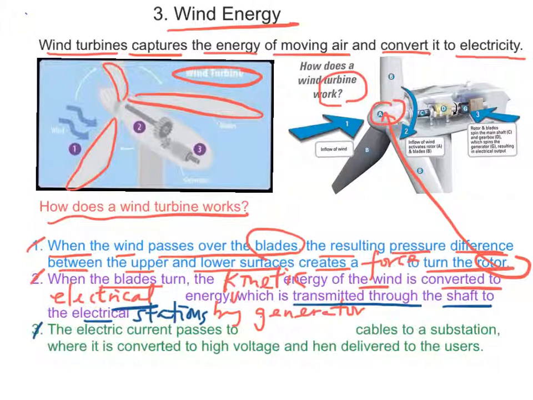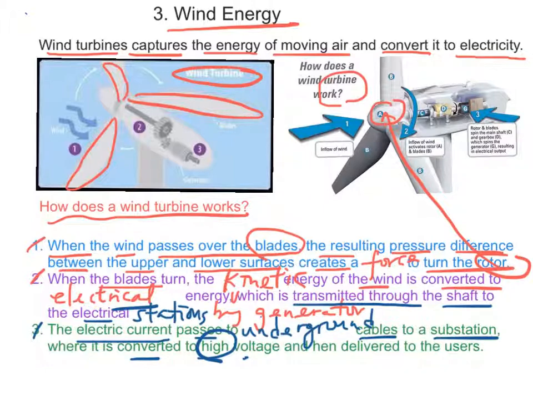Then, electric current passes to underground cables to a substation where it is converted to high voltage and then delivered to users.